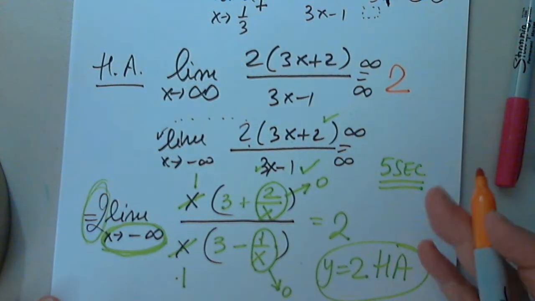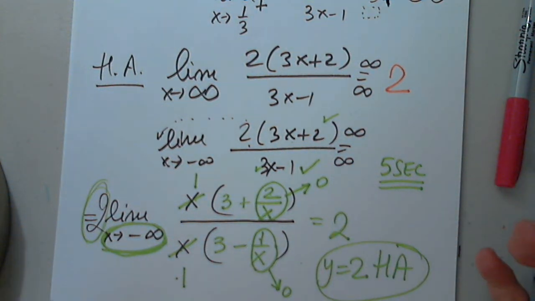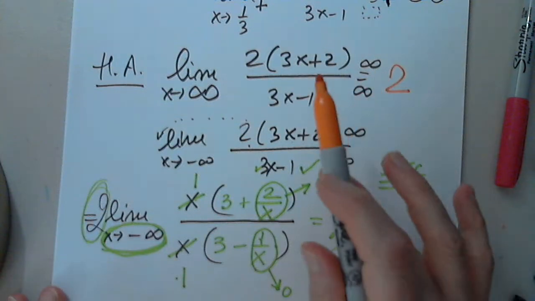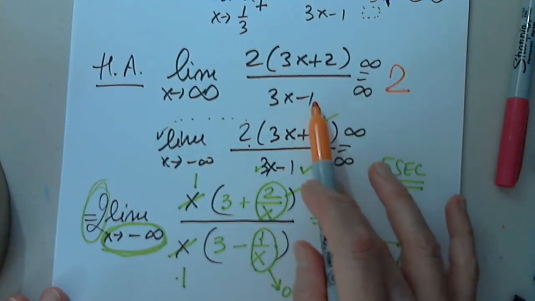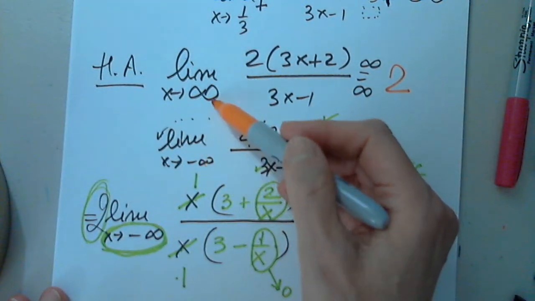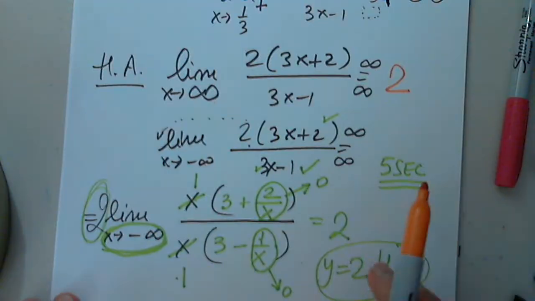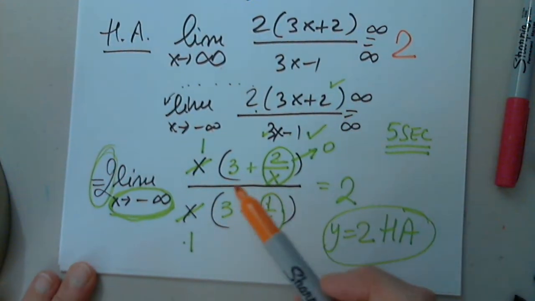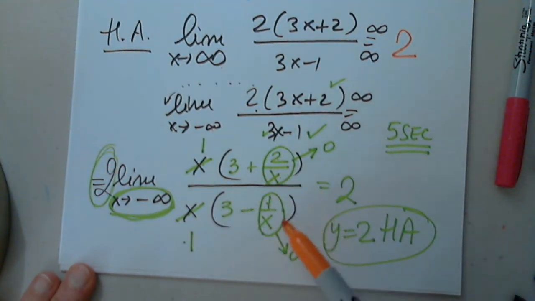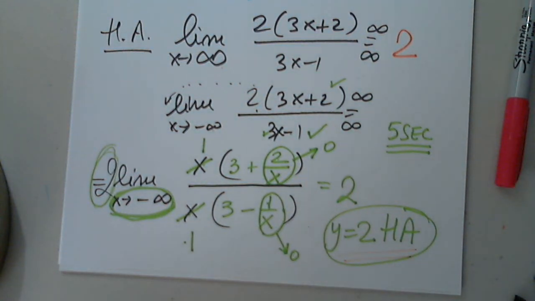It's not a combination with natural log, with radical, with exponential. It's a pure rational function. So these two limits will always be the same. Then I had to factor out the degree, top and bottom, and so on and so forth to determine the horizontal asymptote. A lot of steps.